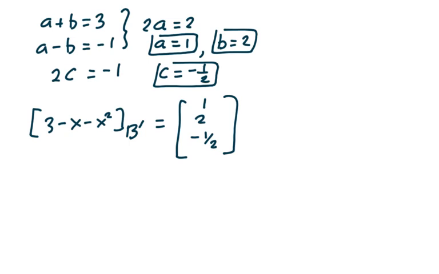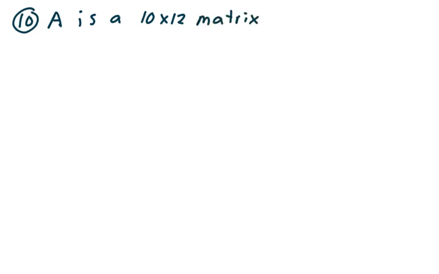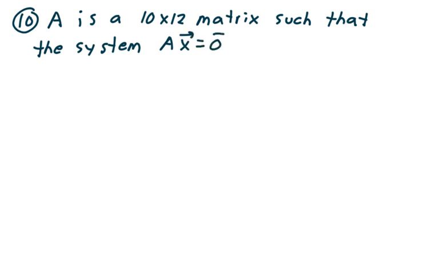If we take a look at number 10, A is a 10 by 12 matrix, such that the system AX equals the 0 vector has 4 free variables.